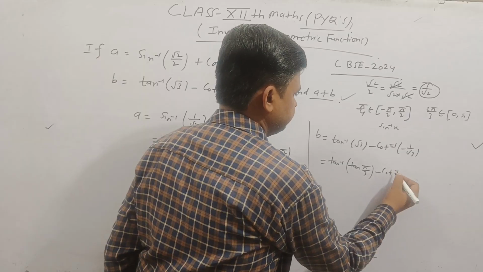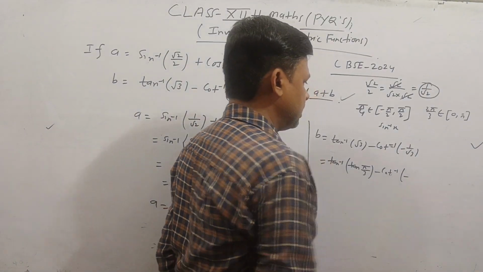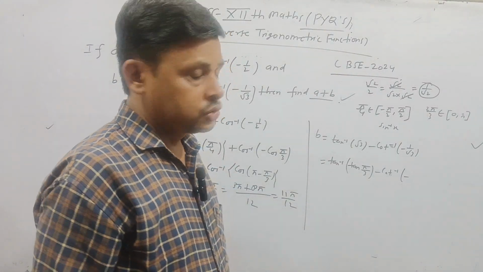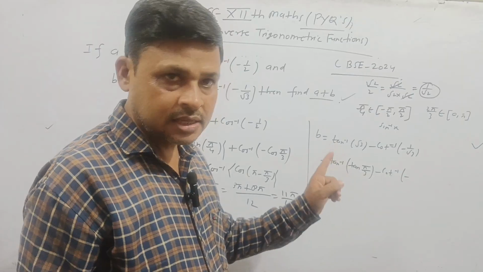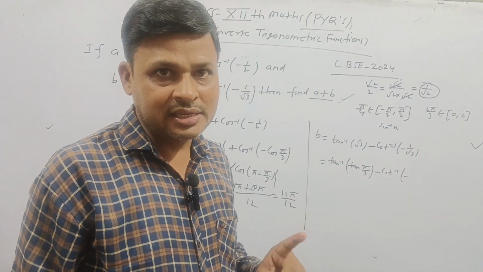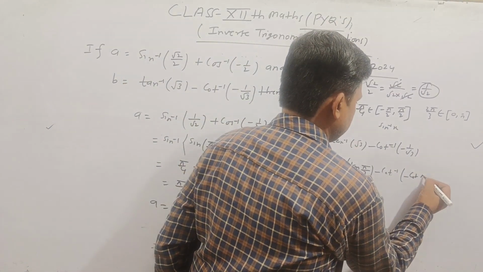Minus cot inverse. First, don't think about the minus sign. What is 1 by root 3 in terms of cot? Tan 60 is root 3, so obviously cot 60 is 1 by root 3. So that will become cot pi by 3.